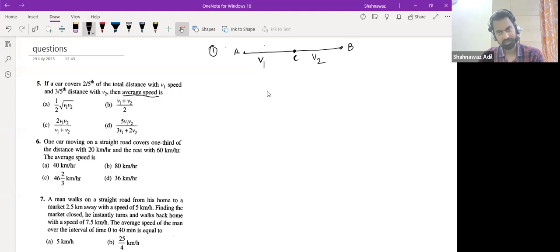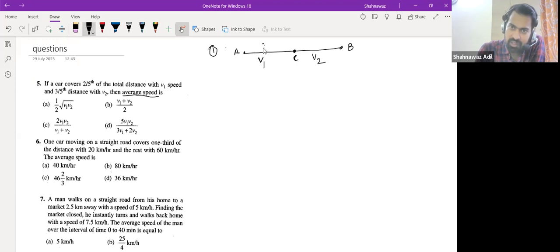Yes, Rishta. So these AC and CB are half distances, which means that AC and CB distances are what? What can you say about AC and CB? They're equal. Yes, absolutely.